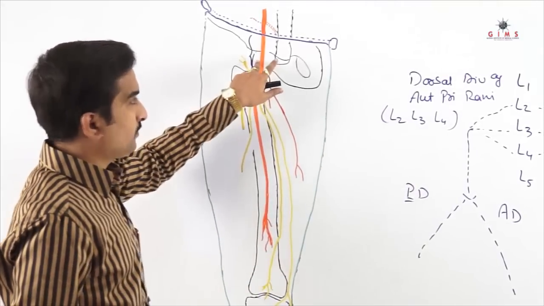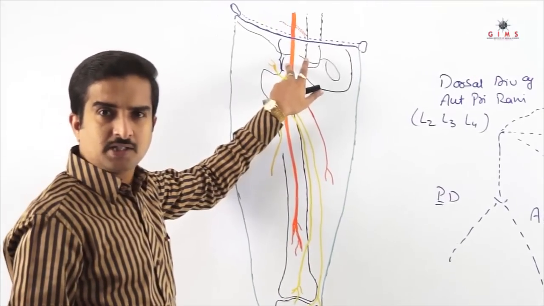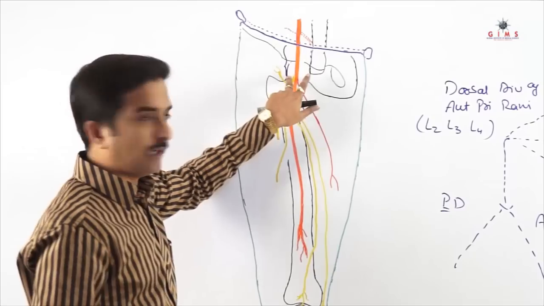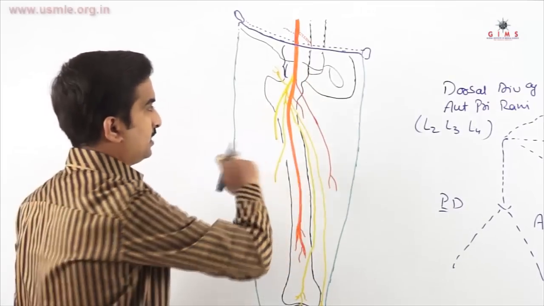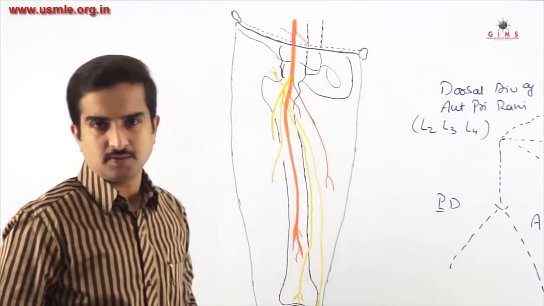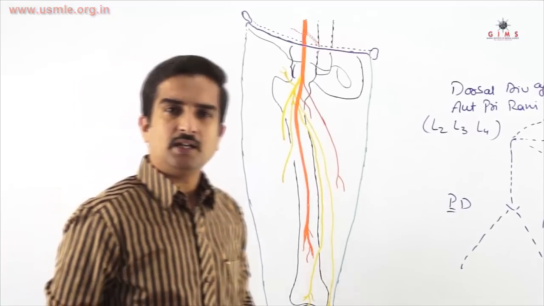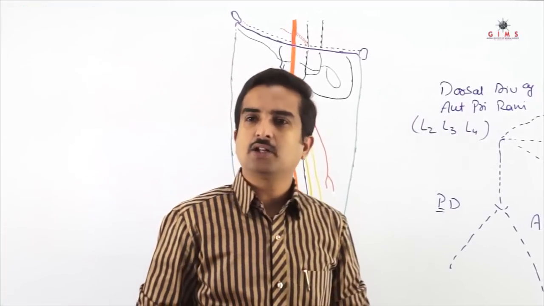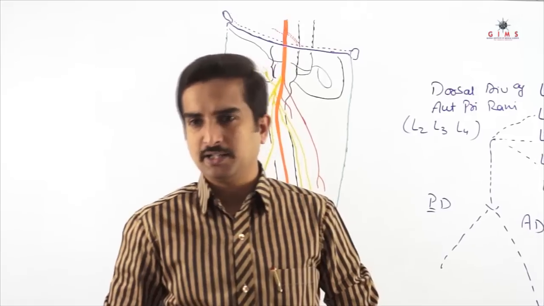By the time the nerve reaches 2 centimeters below the inguinal ligament, it is divided into anterior and posterior divisions. So this is the origin as well as the course of the femoral nerve.